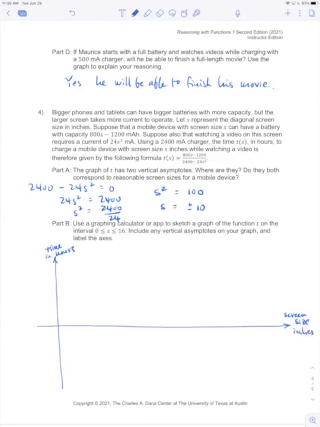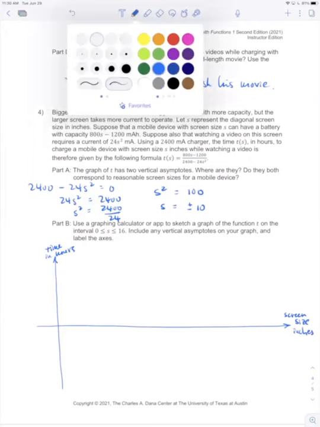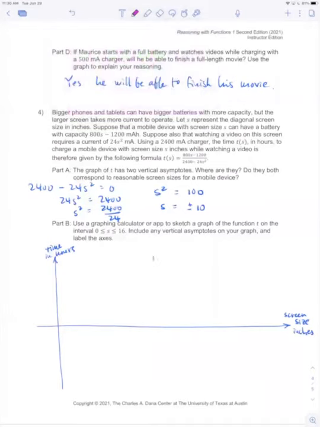We had an asymptote at x equals 10, so I'm just going to sketch that in here roughly. So there's x equals 10. Let me go back to the blue pen. We get a curve like that. And a curve like that.